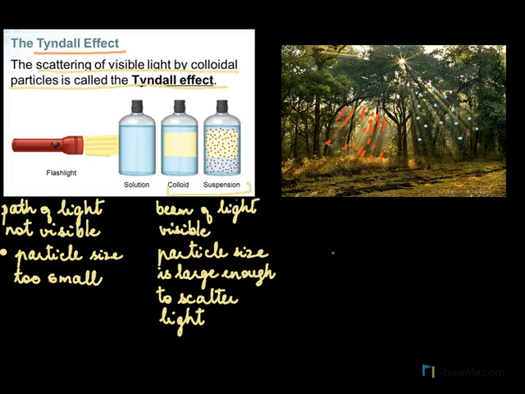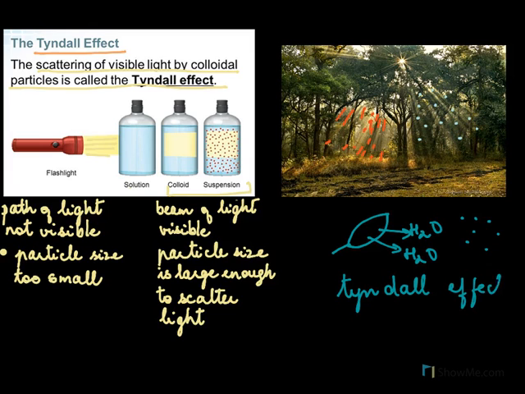The leaves give out water, and these water molecules then float in the air and they scatter light. So this is an example of the Tyndall effect in a forest. The colloidal particles are water particles given out by leaves during transpiration.